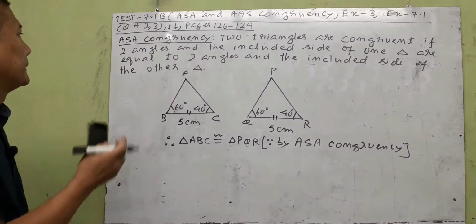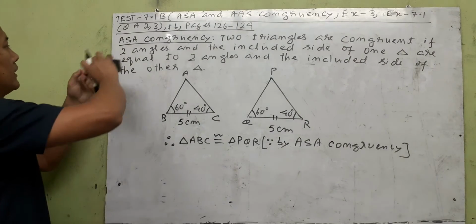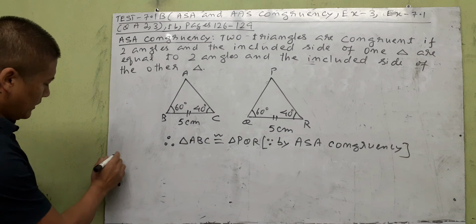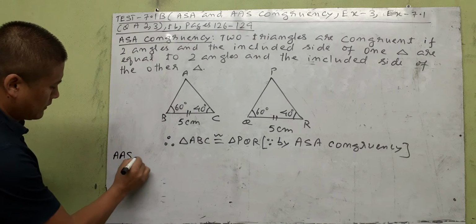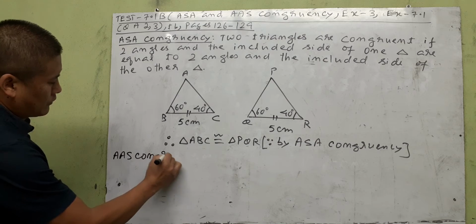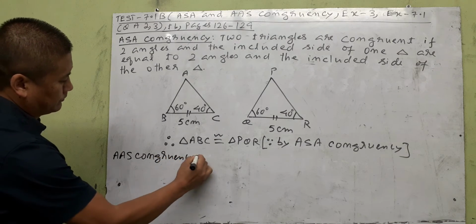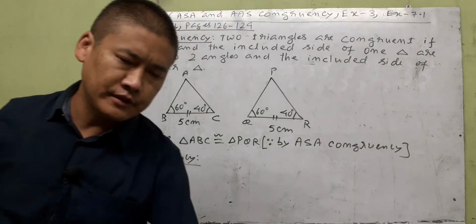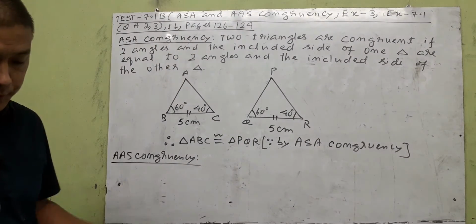According to the text, let us go there. I think we can do this here itself. AAS congruency. Now this theorem is related to this and they are used interchangeably also. Why, we will come to see.